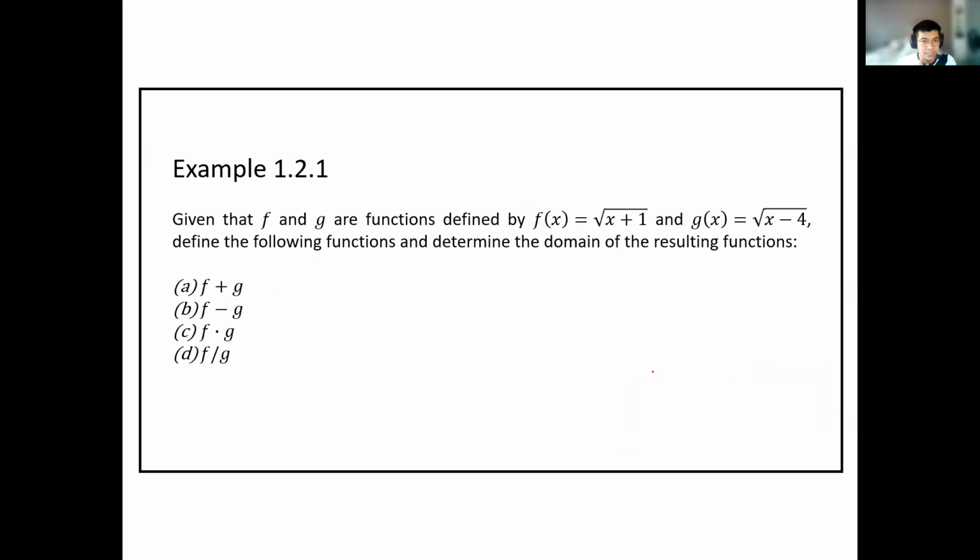Okay, let's have an example, and let's have a difficult example immediately. We have two functions again, f and g. The f function, f of x, is equal to the square root of x plus 1. This is our first equation being represented by the function of x.